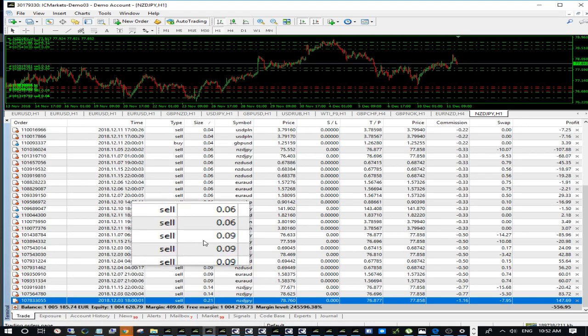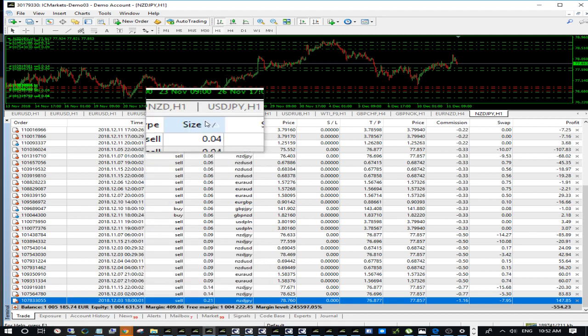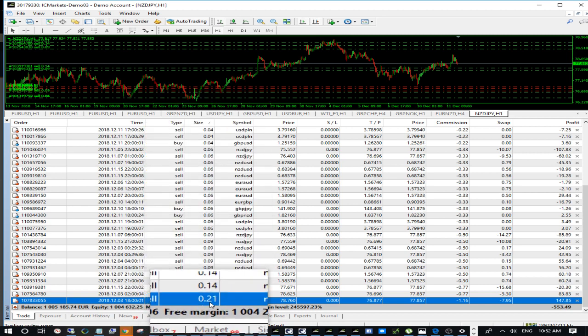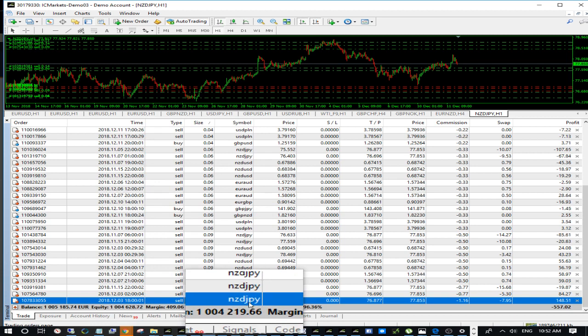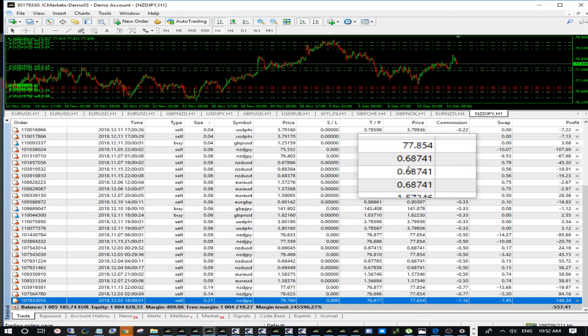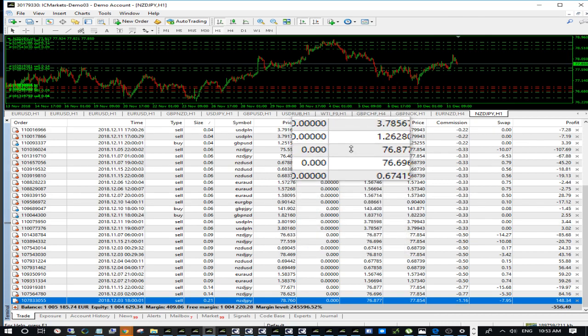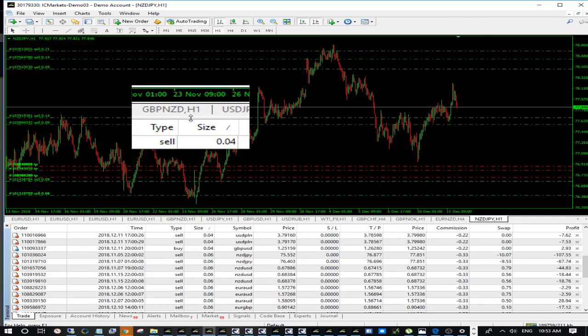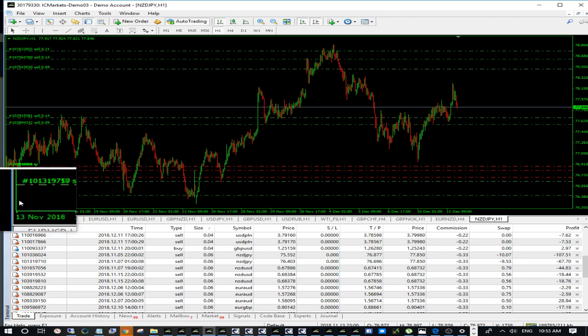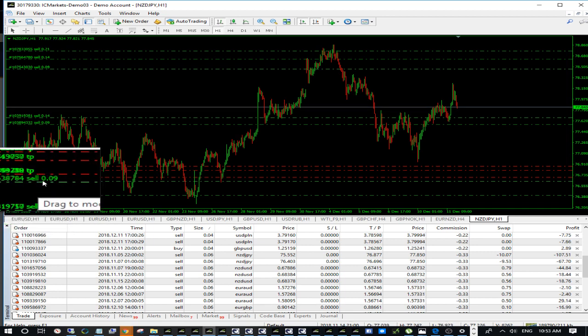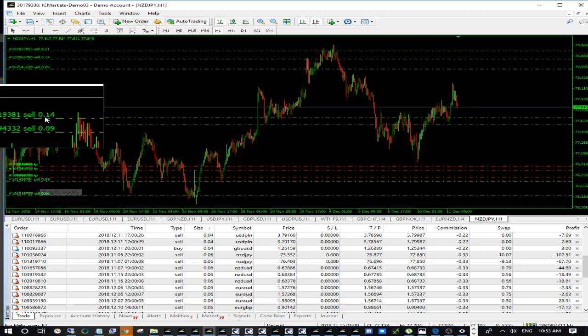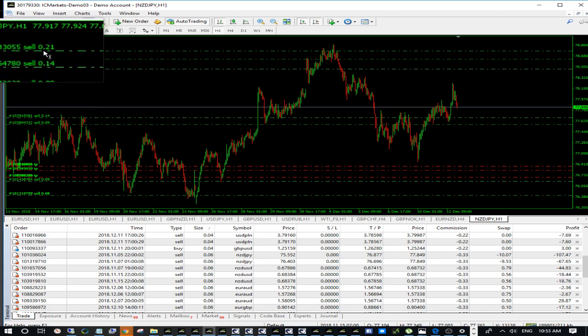Now as I filtered here on the lot sizes, we can see that 0.21 on the New Zealand dollar yen. We can check that. It's right open right here. Again, guys, we can just see it happen: 0.04, 0.09, 0.14, and 0.21.